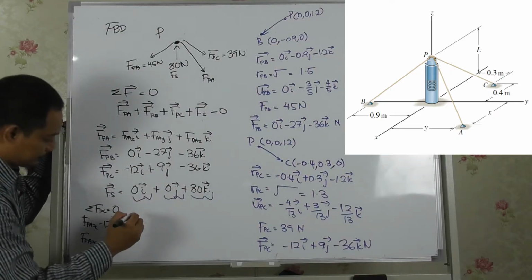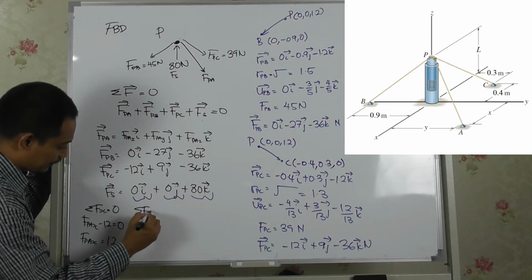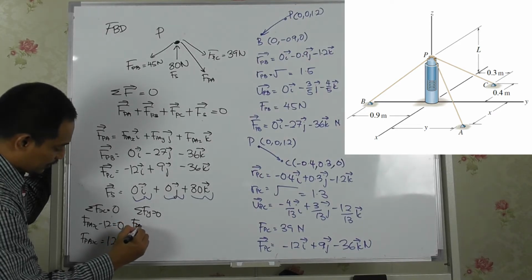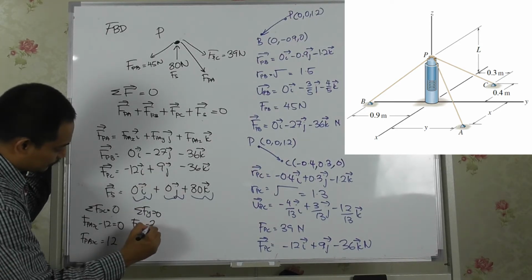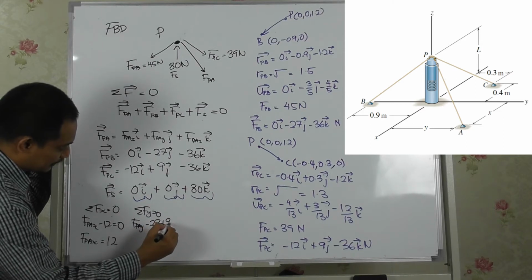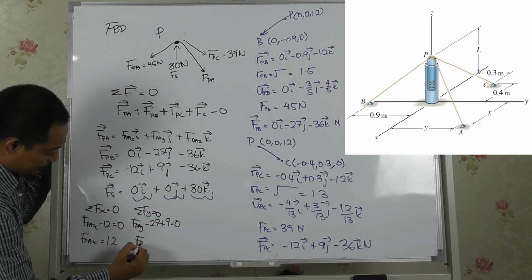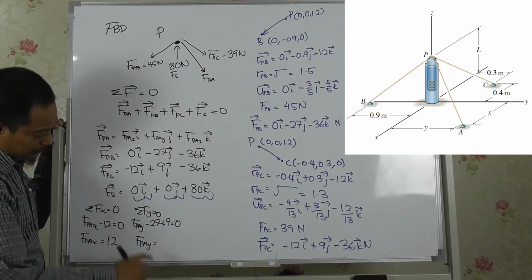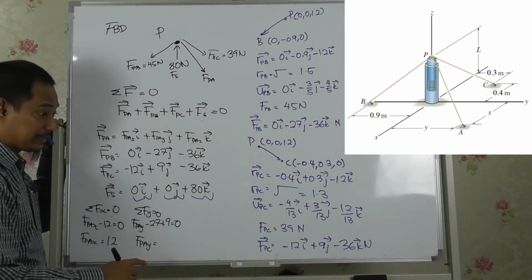And then the summation of Fy equal to 0 for this one. So FPAy minus 27 plus 9 equal to 0. So FPAy will be 27 minus 9, which is 18.